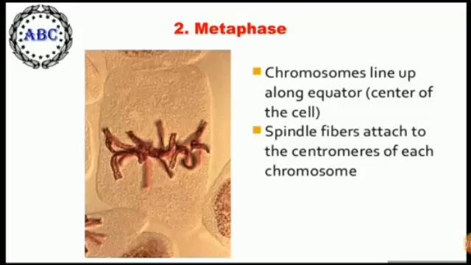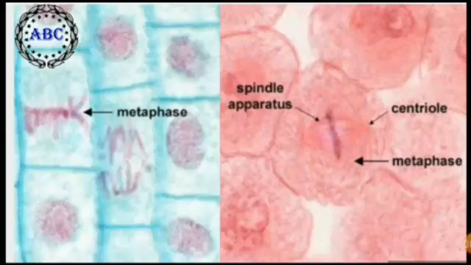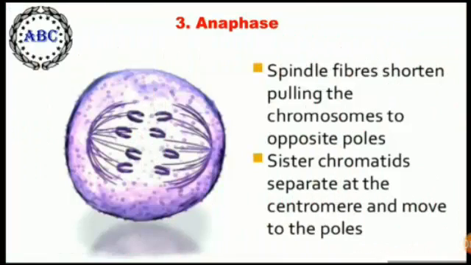RNA synthesis stops during metaphase and anaphase. In this figure, we can easily understand that chromosomes are arranged at the equatorial plate and spindle fibers are also formed, whereas the centrioles and spindle fibers we can identify easily. And it starts the anaphase.